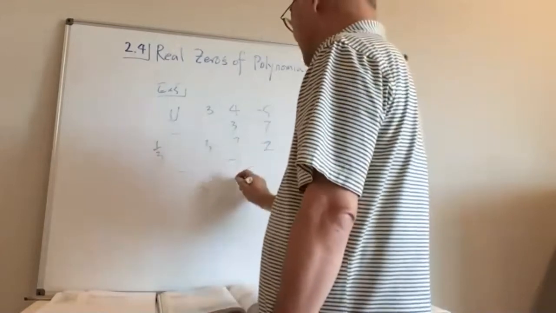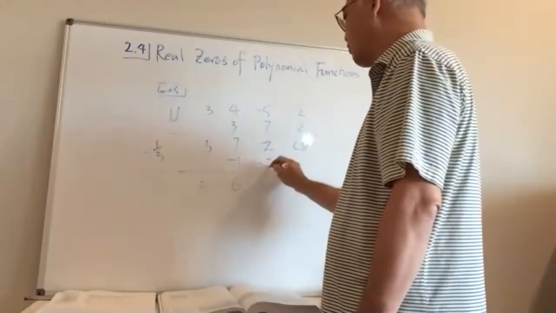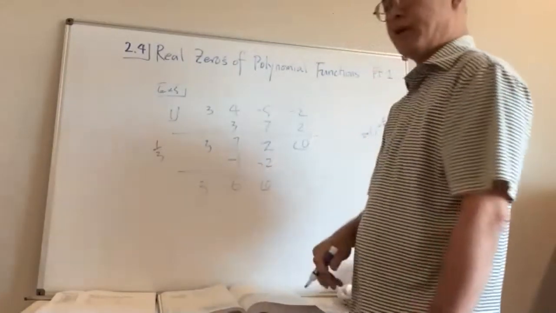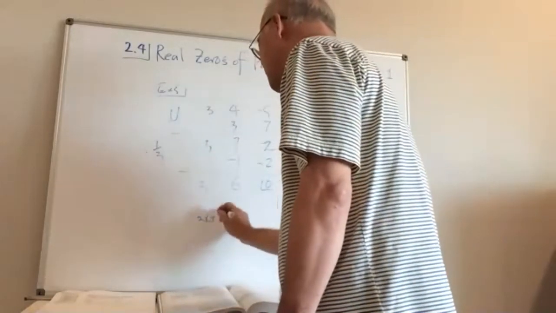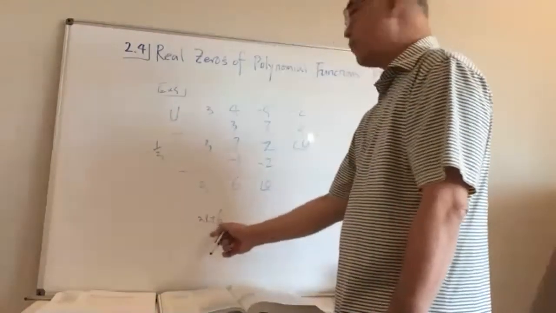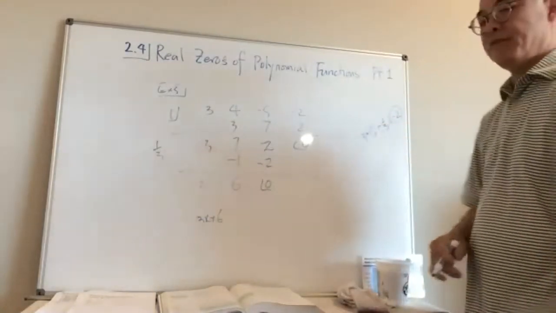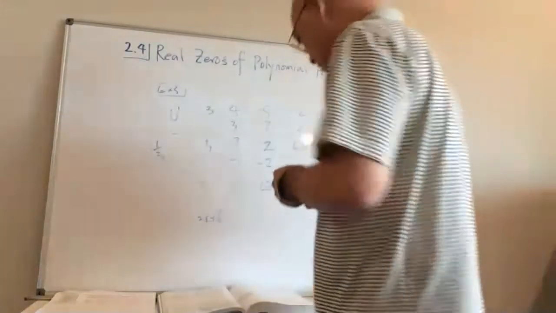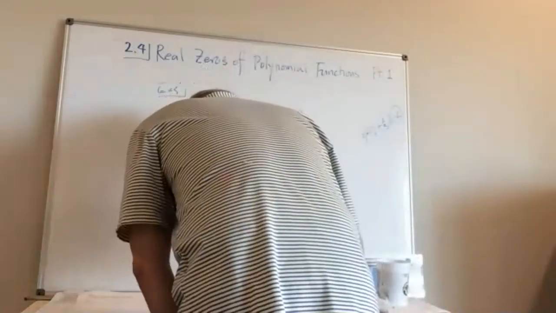Add these together, I get 6. 6 times negative 1/3 is negative 2. 0, there you go. What do I have left over? I have 3x plus 6 left over. So what makes this 0? Negative 2, right? And that's the third one right here. So I have all 3 of them. So that's how you would do that.